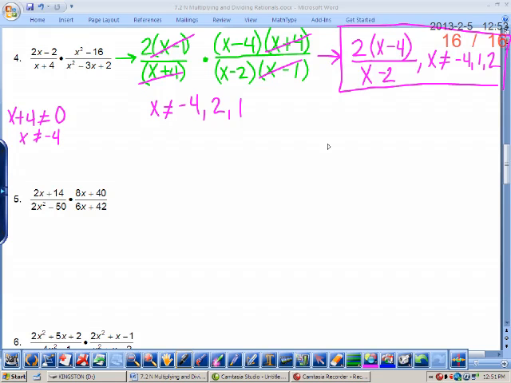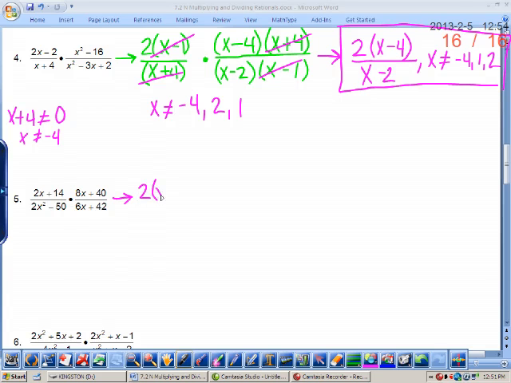Go ahead and copy that down. Okay, so we start factoring. 2x plus 14, what can I pull out?